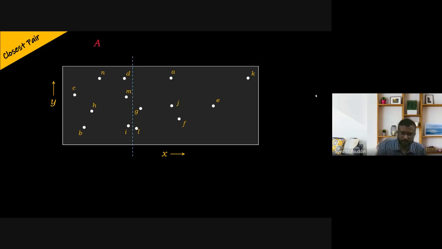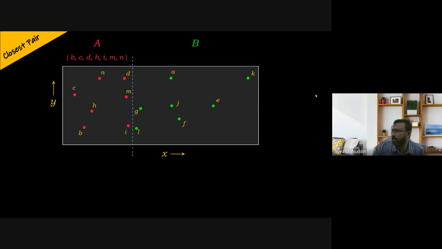Let's call the left partition A, with all the points on the left side. The blue dotted line is the value of x which divides these points. So we are not dividing the points based on the value of y, we are dividing based on the x coordinate.